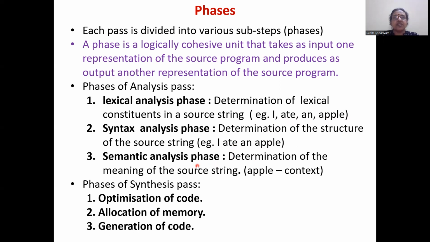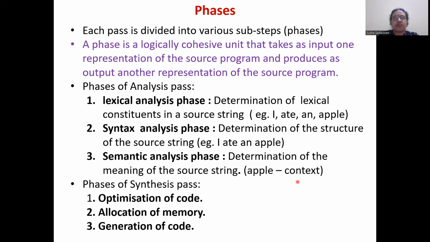The third phase is the semantic analysis phase, which tries to understand the context for a particular string. For example, if we consider apple, it may mean different things under different contexts. It may mean a fruit or it might mean a type of computer system. So it will try to understand the context in which apple is used, or the semantics for apple.